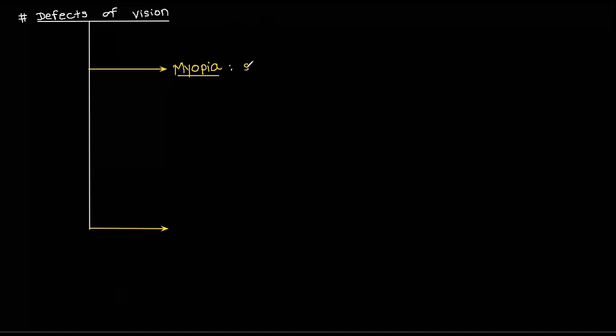This myopia is also called short sightedness. In this, a person can see near objects but can't see far objects.